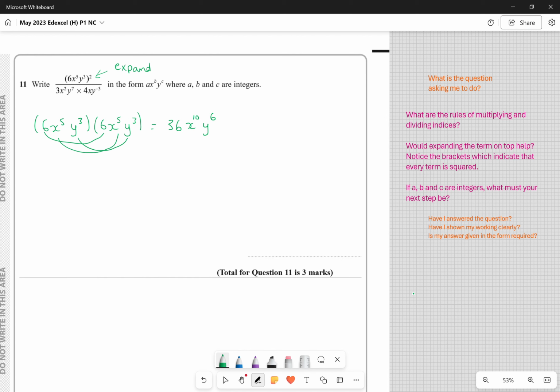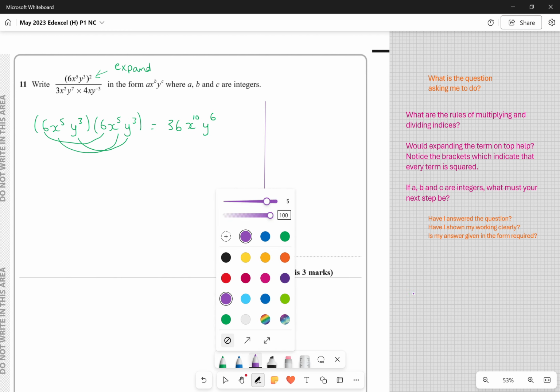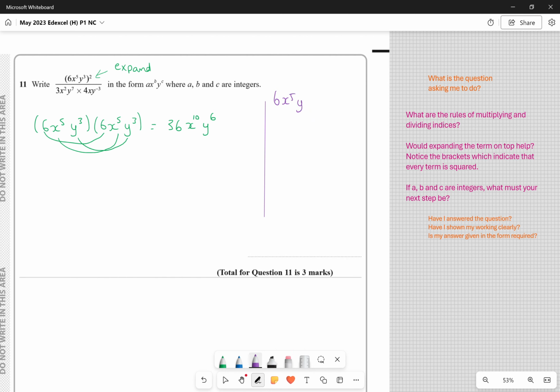The other way you could do it is like this, where you keep your 6x to the 5, y to the 3 inside the brackets.